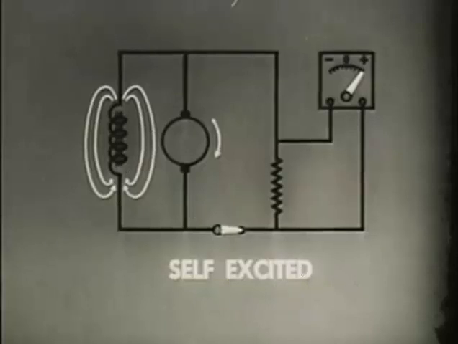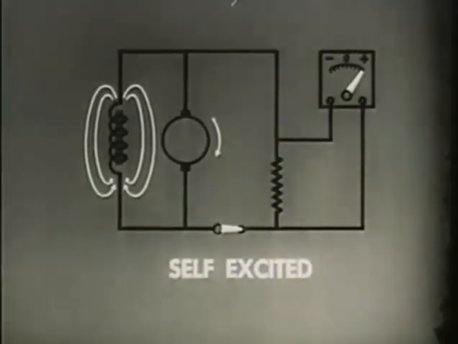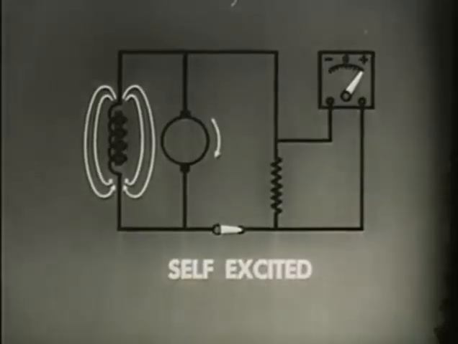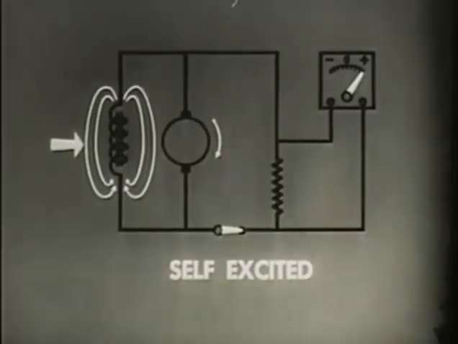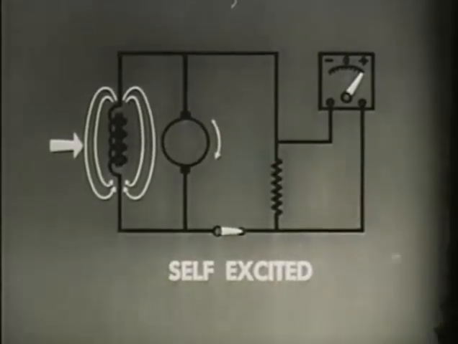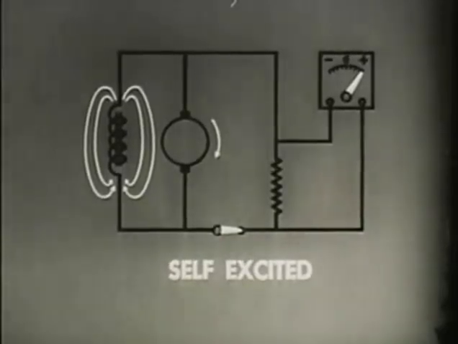Oke, ingat-ingat. Self-excited generators must be initially magnetized. The residual magnetism in the core of a field winding provides enough magnetism to begin generator action.